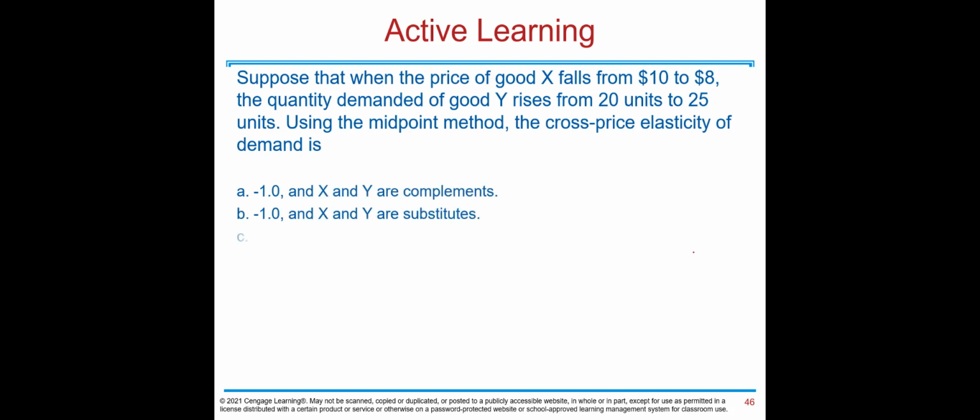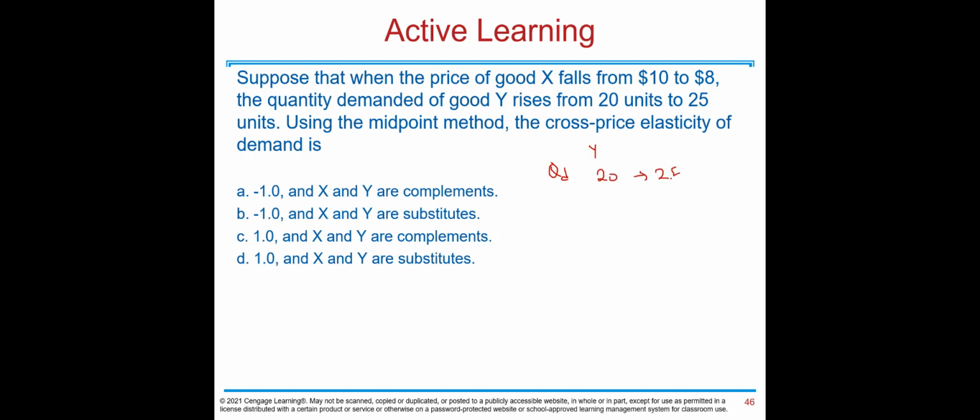Let's see one example. Suppose that when the price of good X falls from 10 to 8, the quantity demanded of good Y rises from 20 to 25 units.